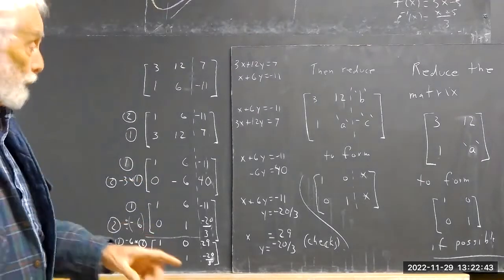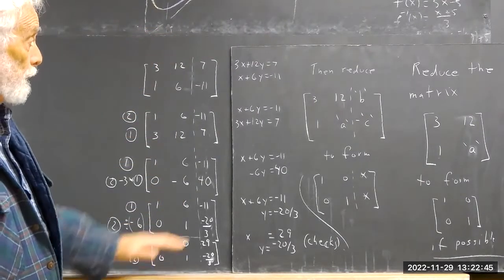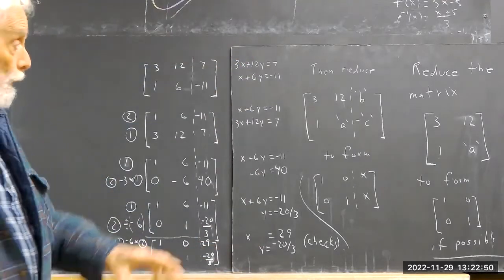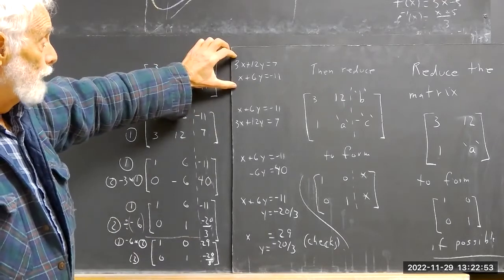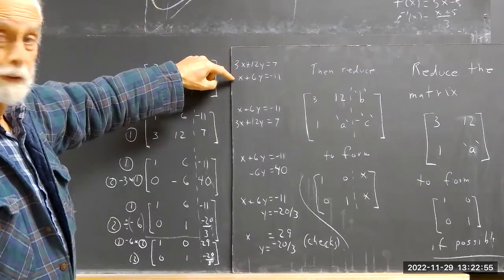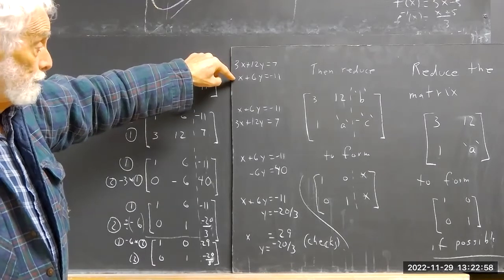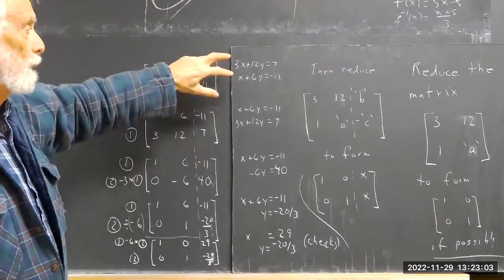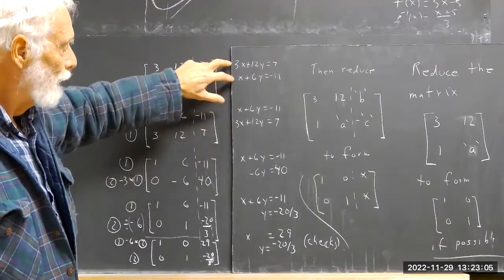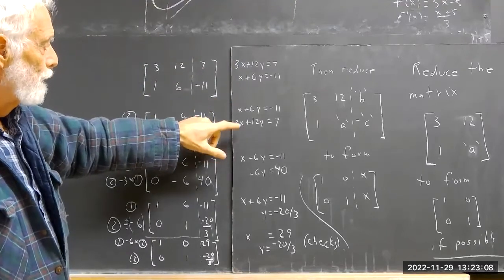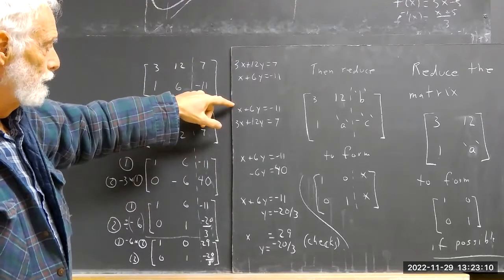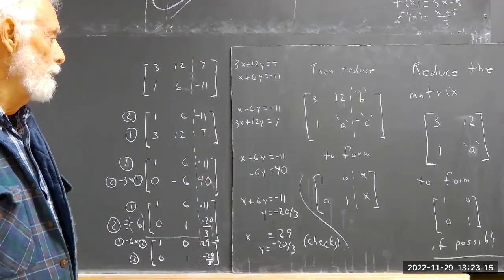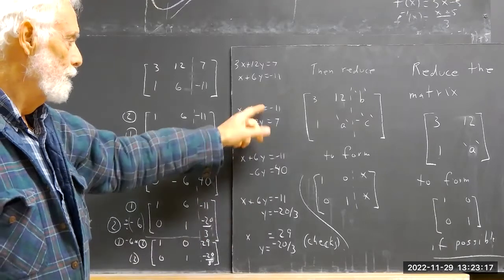Okay. Do we understand how the operations here could be applied to the equations equally well? In other words, what would I do here? I do this equation minus 3 times this equation. Actually, okay. After switching the equations, I do this equation minus 3 times this, which gives me this equation.